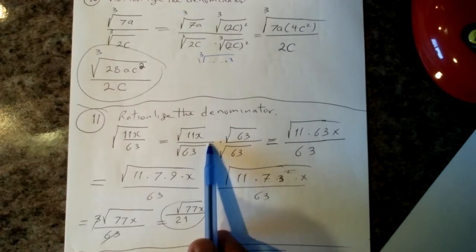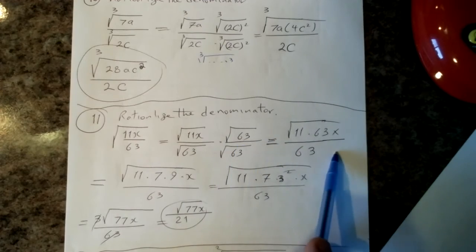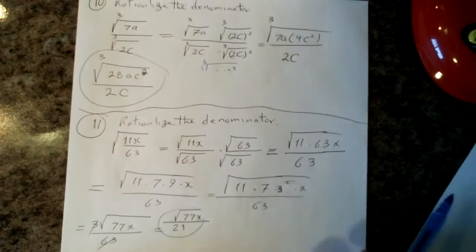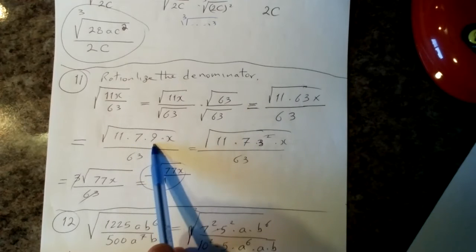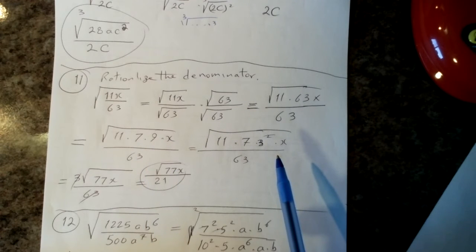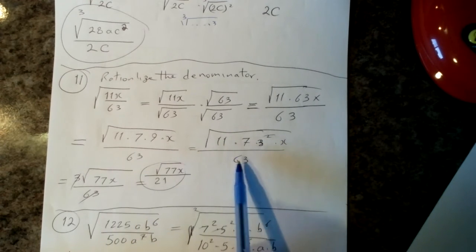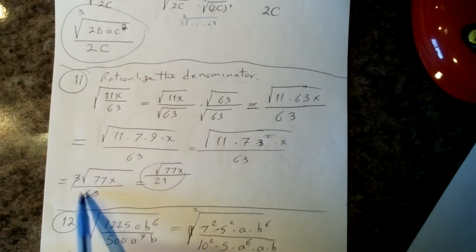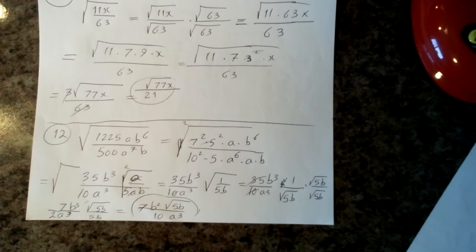Rationalizing the denominator, this is just radical 63, whose root is 2, so you just multiply by radical 63. And then we did some: 63 is 7 times 9, and 9 is 3 to the power of 2. 3 is released. 63 is already out. And then this is a larger number.